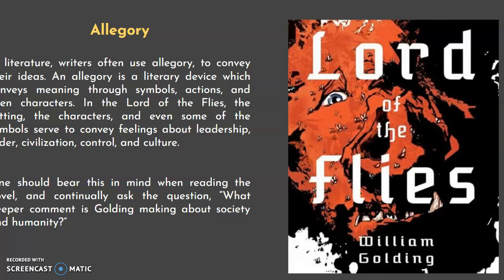What is he saying about war? He's not just telling us this story for fun. He's trying to make a bigger point, a deeper point. And so that's something we really are going to be doing in this novel, is diving deep and thinking about what the author is trying to say and what meaning he is trying to convey and what he is trying to say about our society and humans in general.